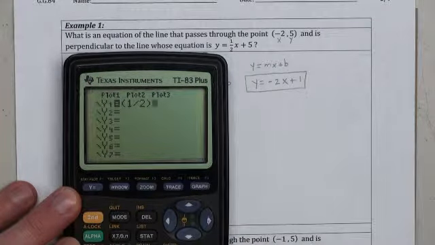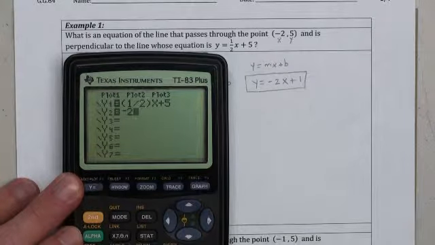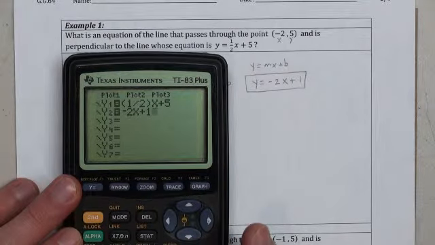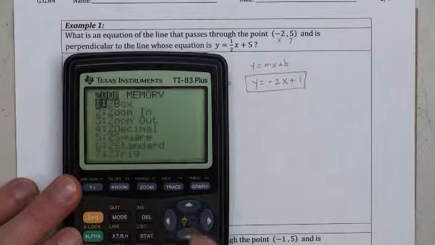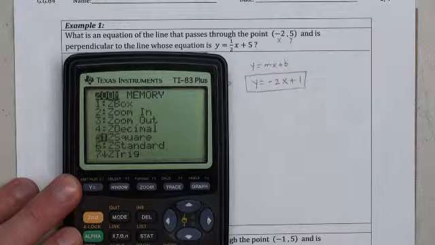Okay, so that's the fraction 1/2, and then x plus 5. And my second equation is -2x, it's my answer, plus 1. So these lines should look like they're perpendicular. Okay, if they don't, then I did something wrong. So what you do is you hit zoom and you go down to z square. Okay?